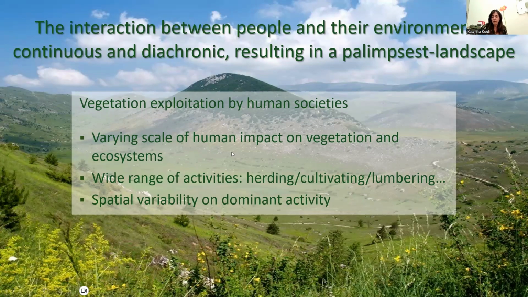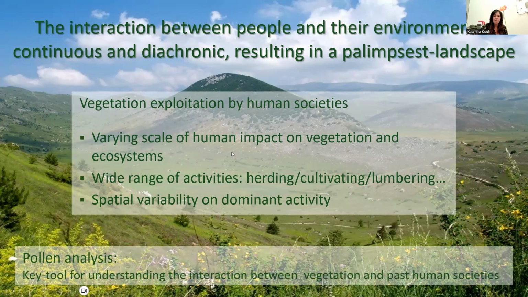And there are a lot of spatial and temporal variabilities, both in dominant activities and in the results of those activities on the environment. However, pollen analysis is a key tool for us to understand what had happened in the past.